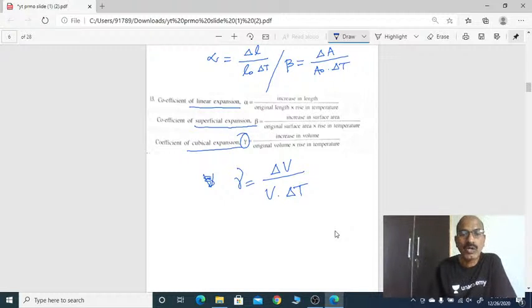So we all know specific heat at constant pressure Cp, specific heat at constant volume Cv.